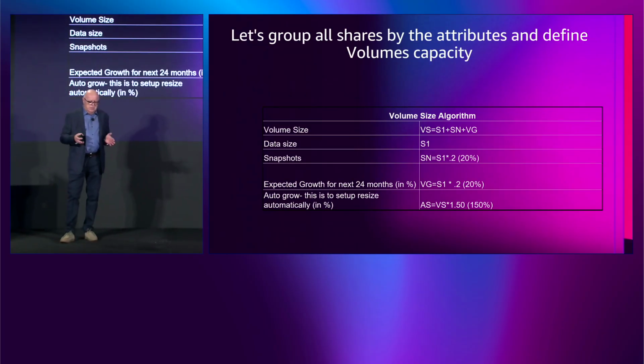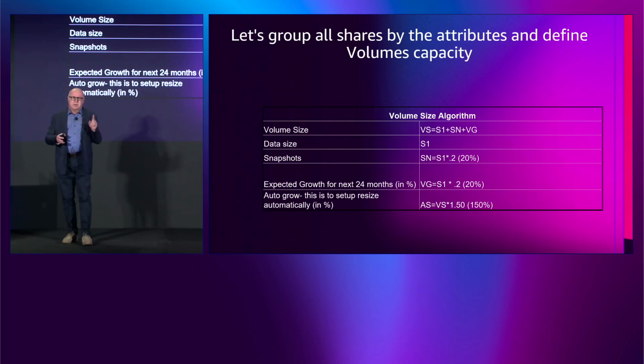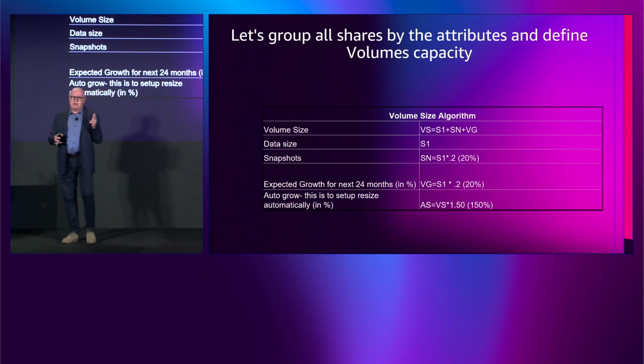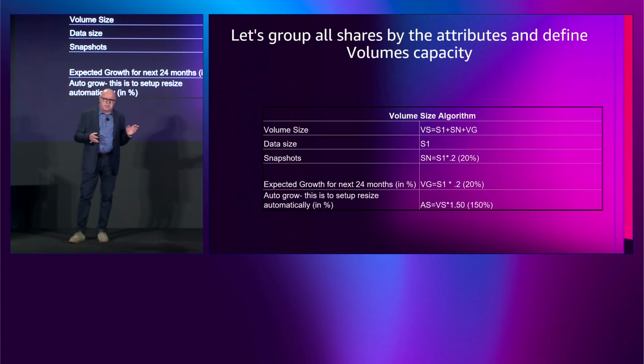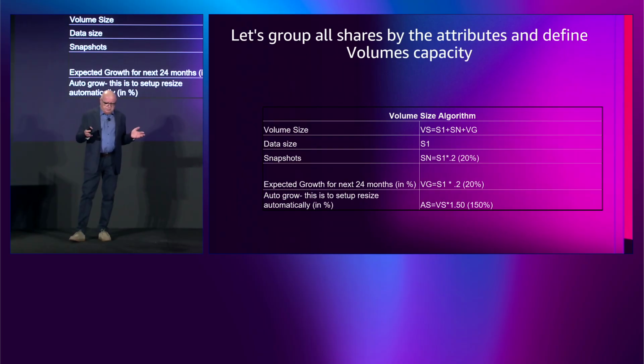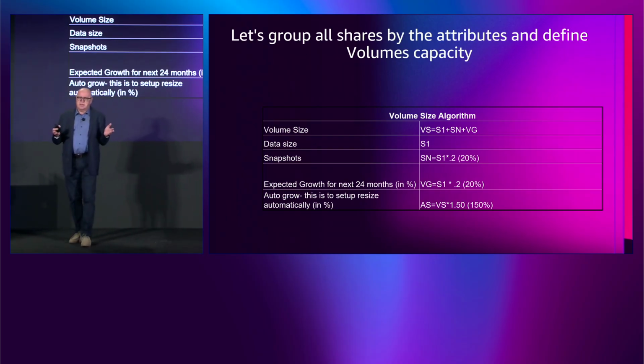So let's group all shares by attributes and define the volume capacity, because this is very important. Remember that the snapshot policy and backup policy are all based per volume, not per share. So the volume size, how we will design the volumes, will contain the data size plus the reserve capacity for snapshots.